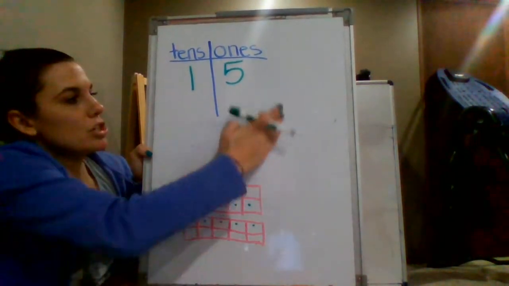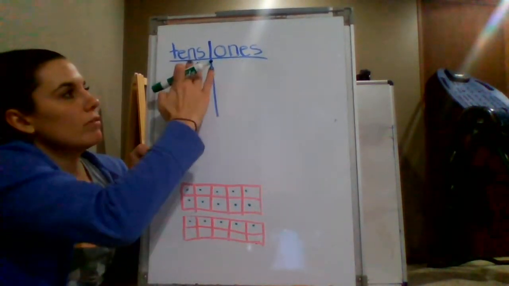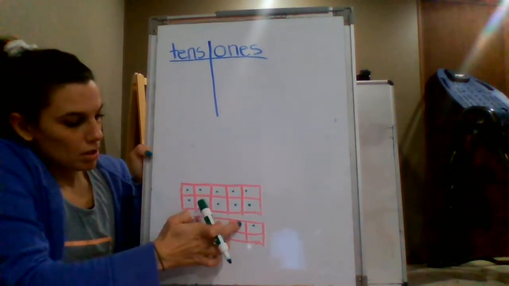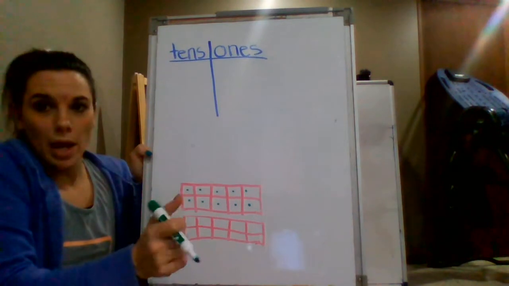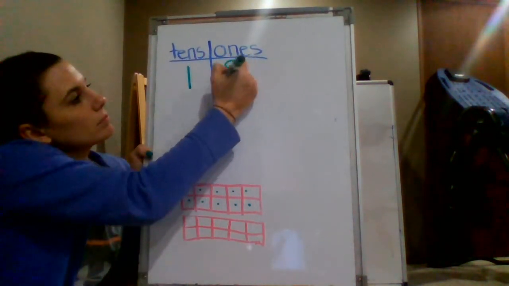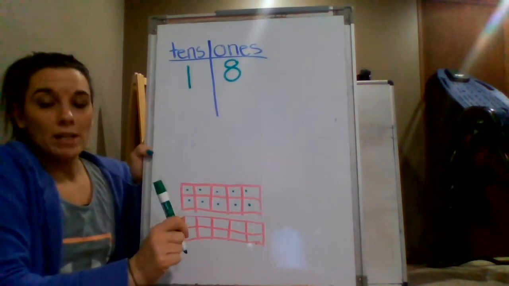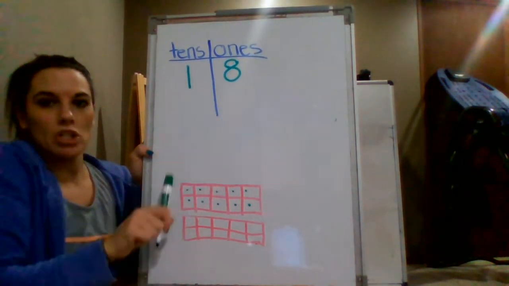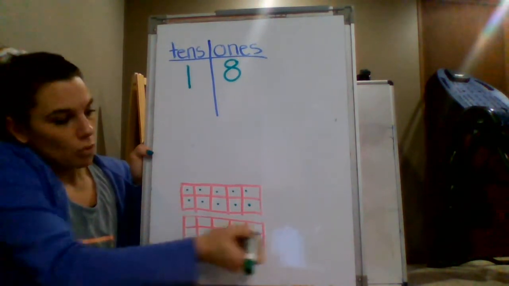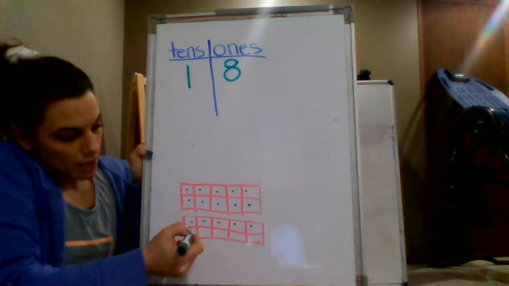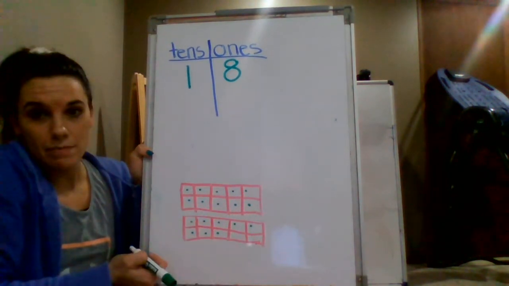Let's do another one just for a quick review. Okay, what number is this? I have one group of 10 and 8 ones. Let me show you in my 10 frames first. One group of 10 and 8 ones.